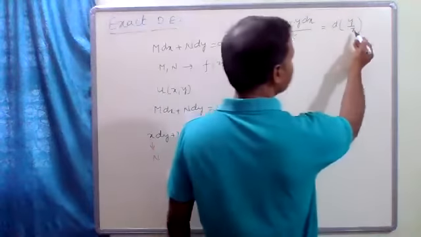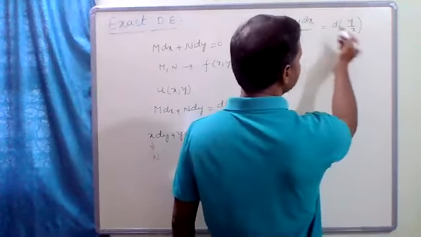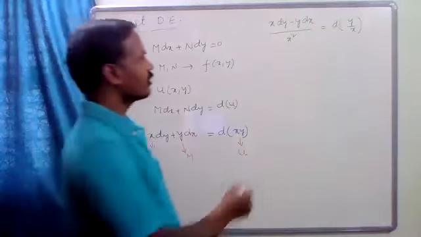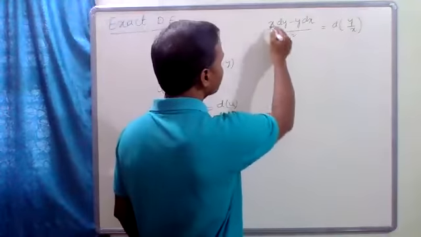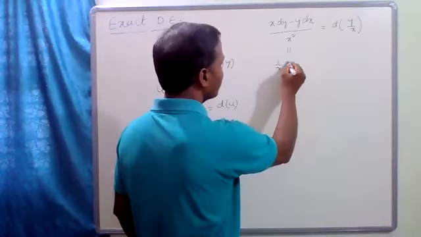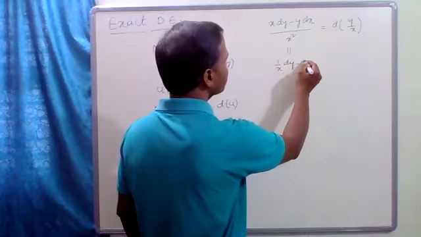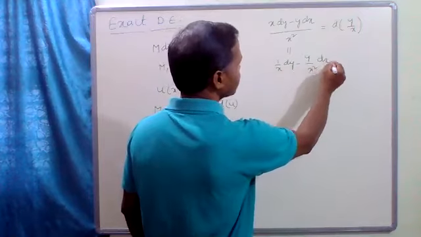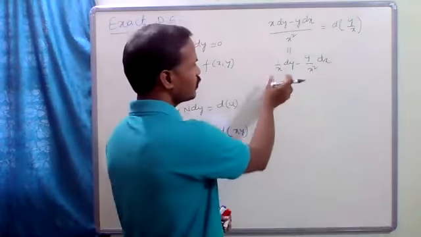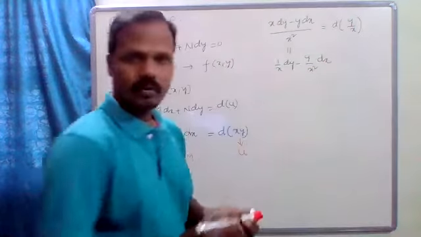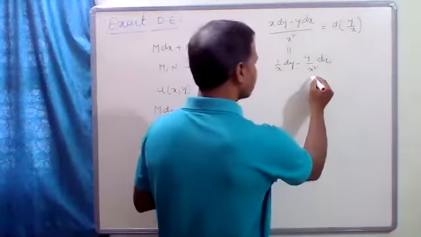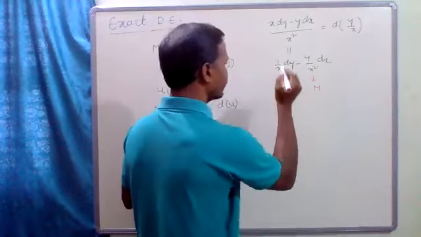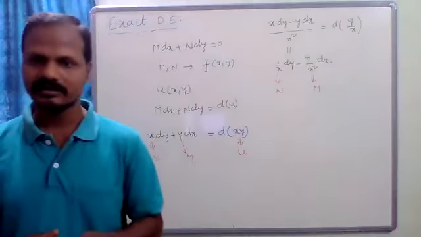So x into dy minus y into dx by x square. If you simplify this, what you will get? 1 by x dy minus y by x square dx. So here what is the M value? This is the M value, this is the N value. Is it clear?